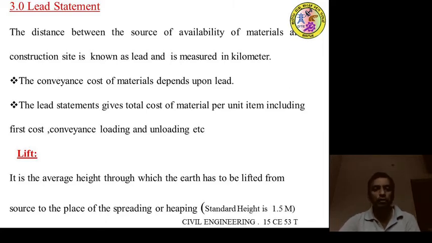Next one is lift. It is the average height through which the earth has to be lifted from source to the place of spreading or heaping. It is a height given especially in earthwork excavation. The depth of excavation in a standard height is 1.5 meter.